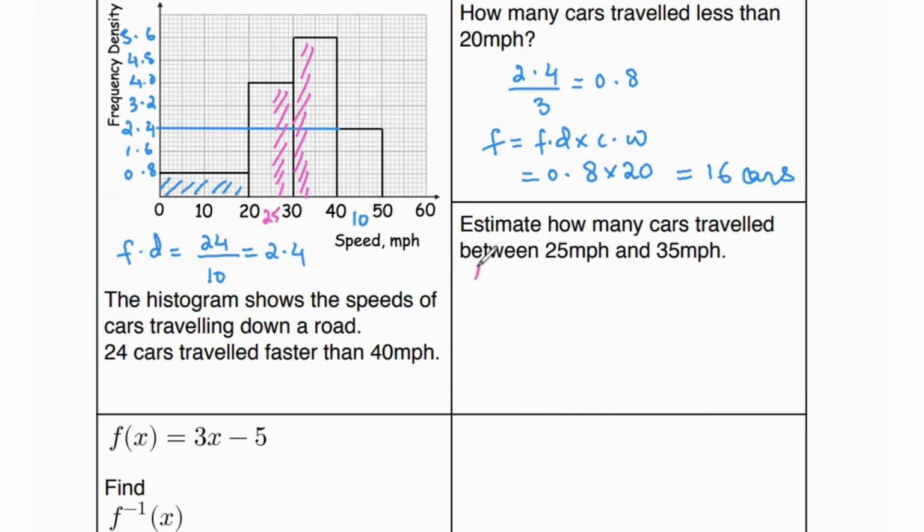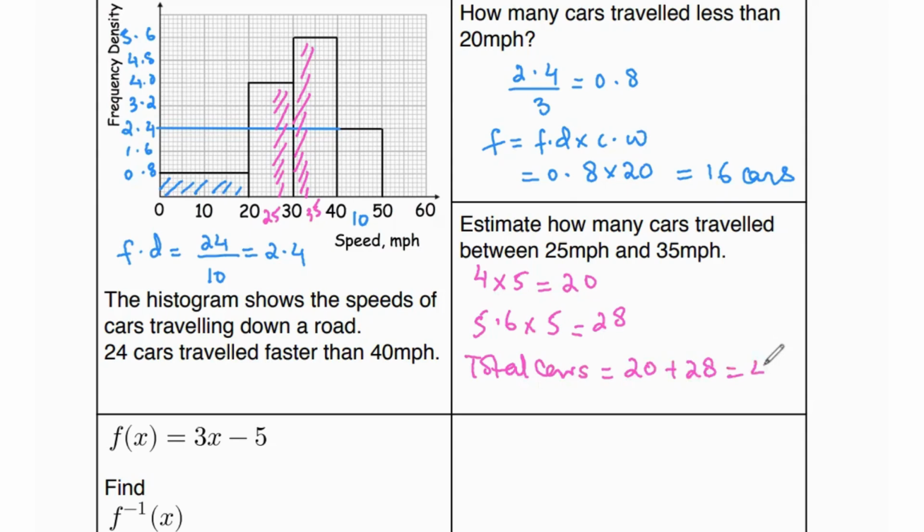So we're going to do 4 times 5, which is 20. And once again, the class interval is 5 over here, and the frequency density is 5.6. So now it's going to be 5.6 times 5, which is going to give us 28. So total cars for this range are going to be 20 plus 28, and that is 48. That's your answer.